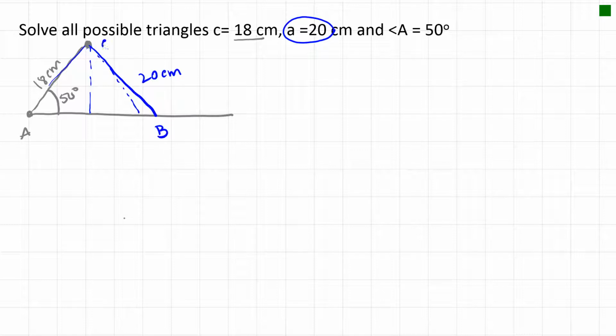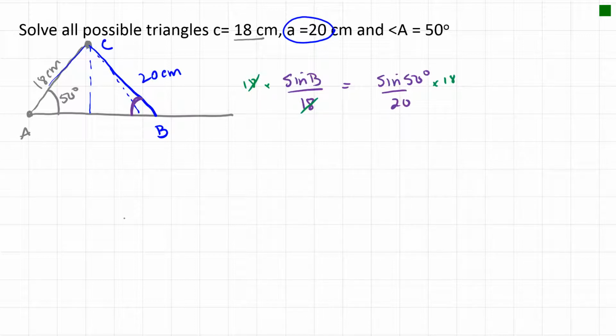So let's see if the mathematics tells me the same story. I'm going to use the sine law. So this angle B: sine of B over 18 equals the sine of 50 degrees over 20. Multiply both sides by 18.